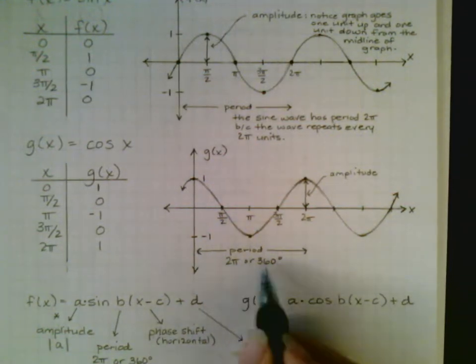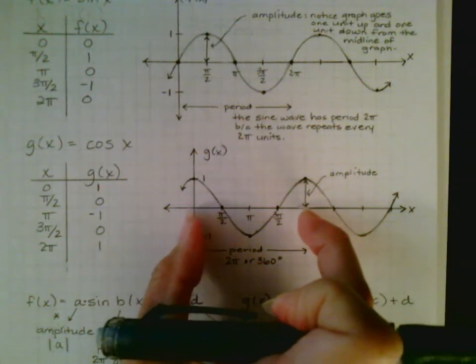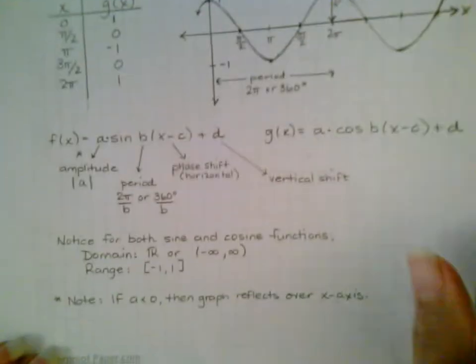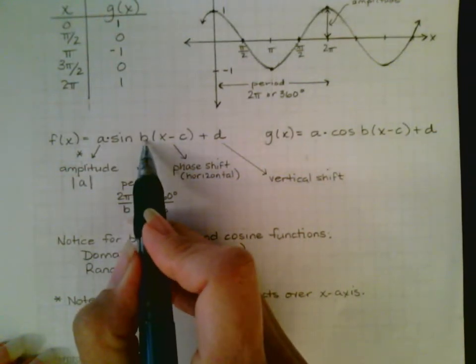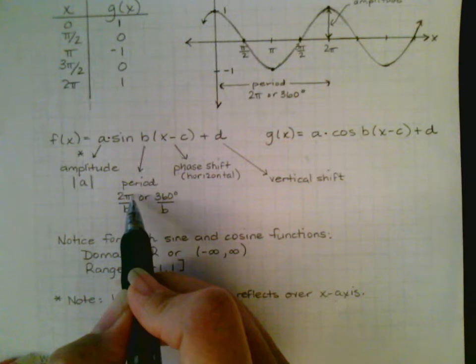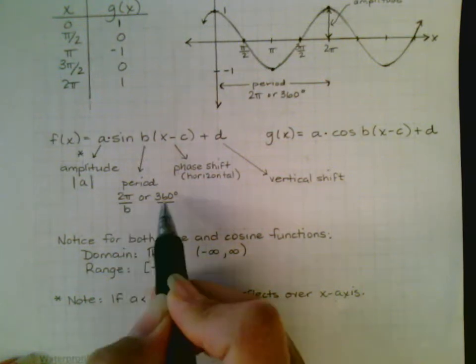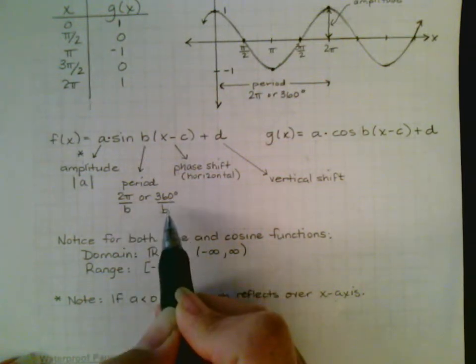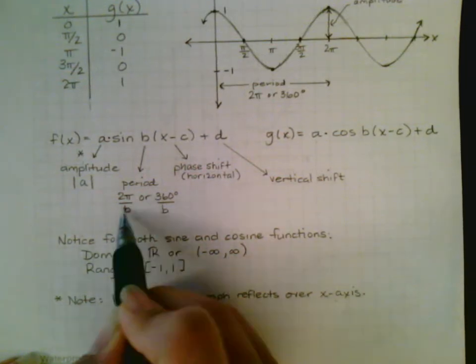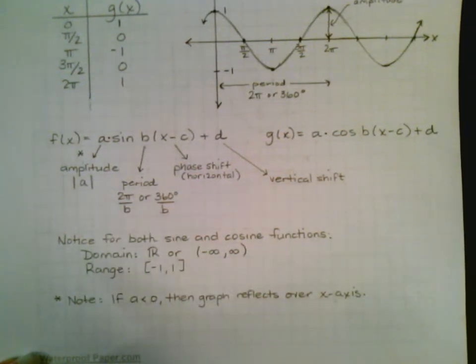So the reason we're using 2 pi or 360 as reference is because that's the length of our original parent function of one wave. So whatever your B value is, that's going to be the coefficient of your angle. Take that 2 pi and divide it by that number, or if you're working in degrees, 360 and divide it by the number. The simplified answer will be your period, your wavelength.